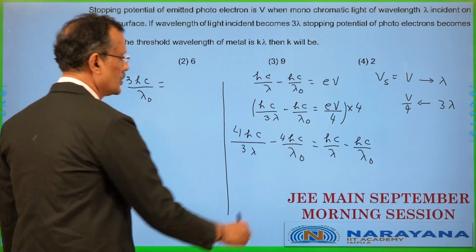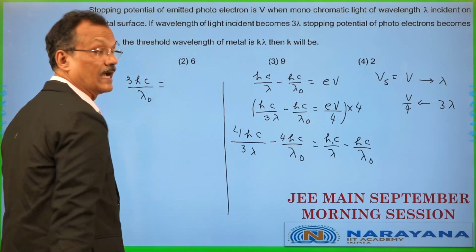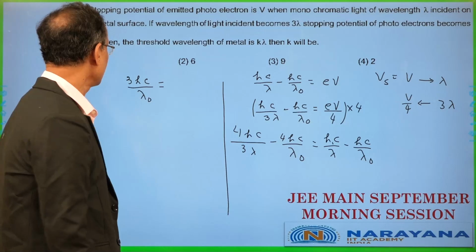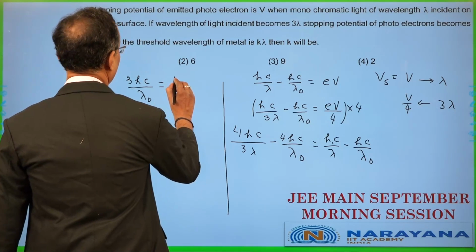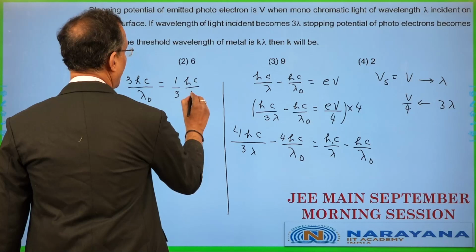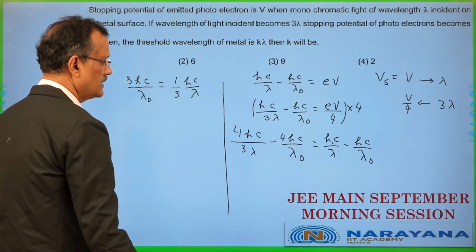This will be equal to, bringing this one this side, 4 by 3 minus 1, 1 by 3. So you are getting 1 by 3 HC by lambda naught.